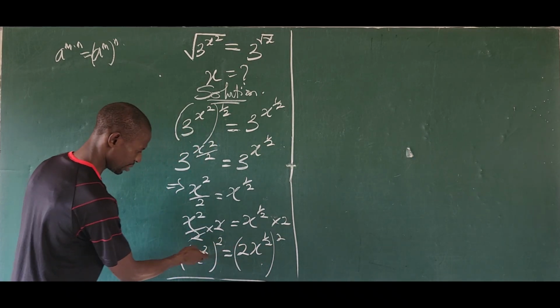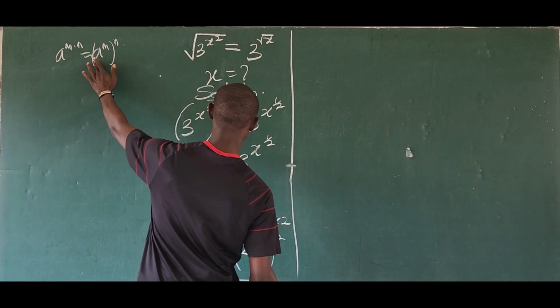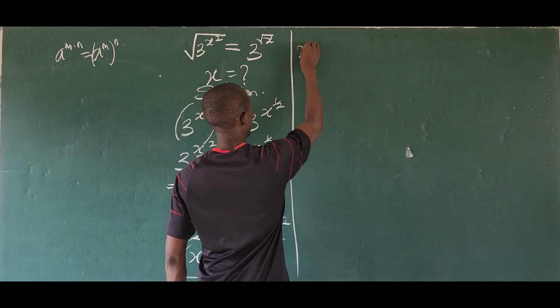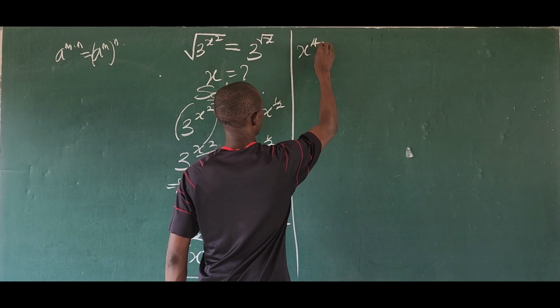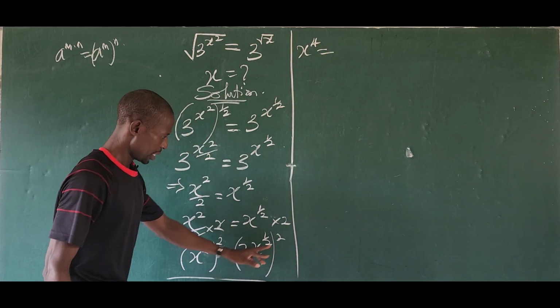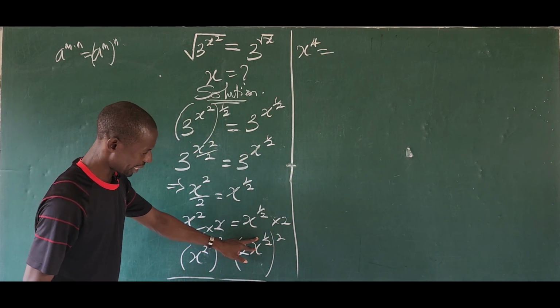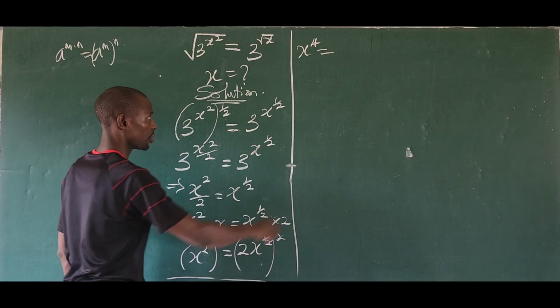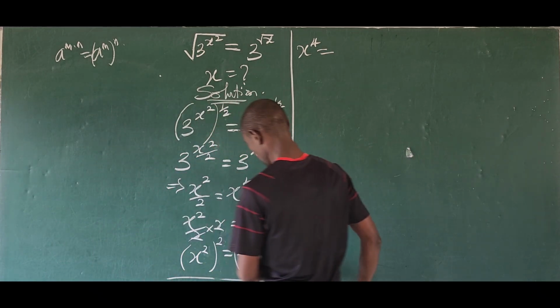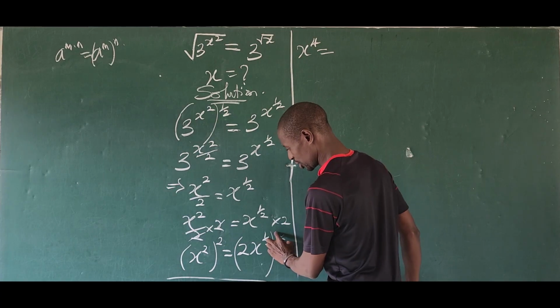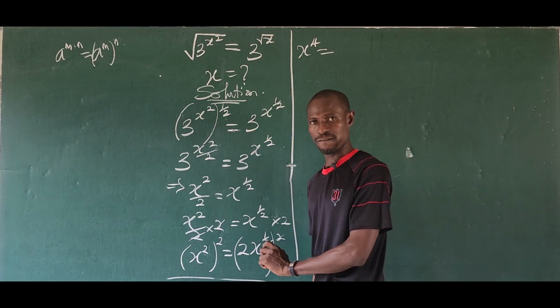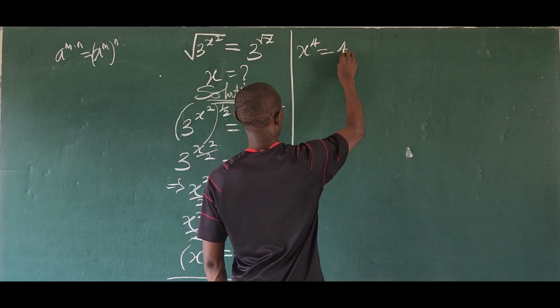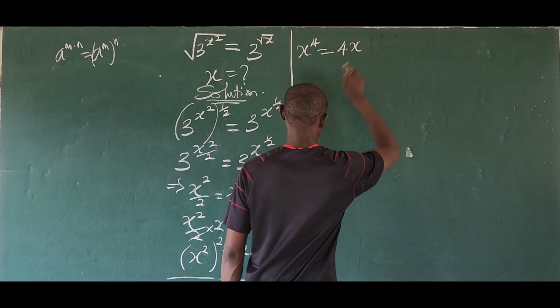So we can open this up according to this law. This gives us x to the power of 4 equal to, if we use this to multiply this, these two will go with these two, so we are left with x here. And again these two will affect these two to give us 4. So we're going to have 4x.